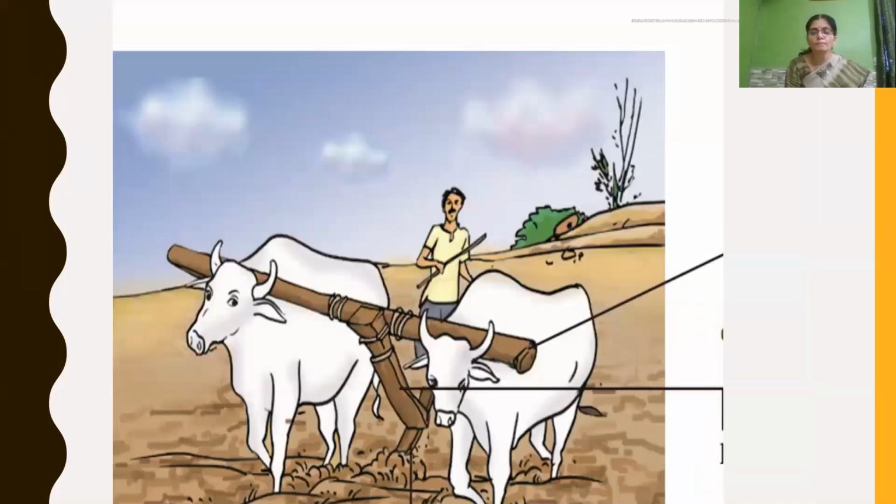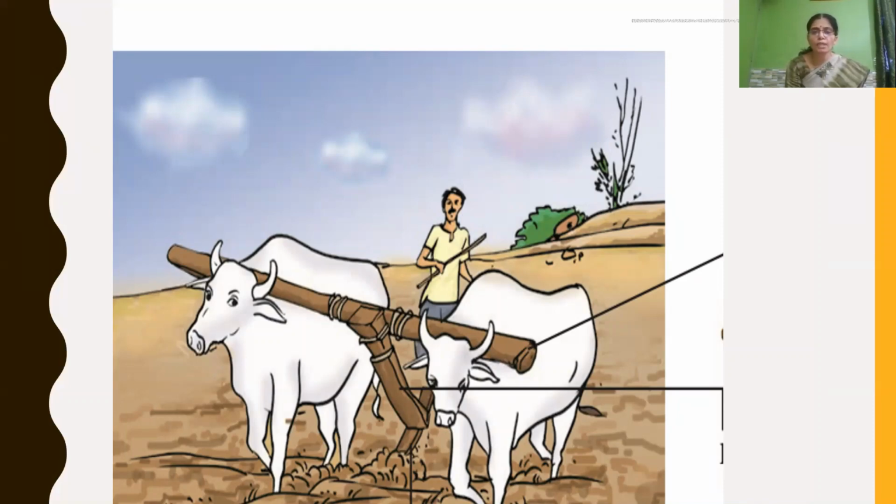Yes, this one is a traditional method of plowing the field. What is it called? Plow. The implement used in the traditional method of plowing is the plow. We have learnt that the plow consists of plow shaft and plow share. The plow shaft contains a sharp iron part, which is attached to the plow share.